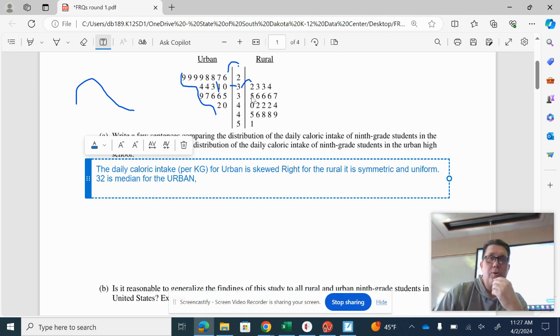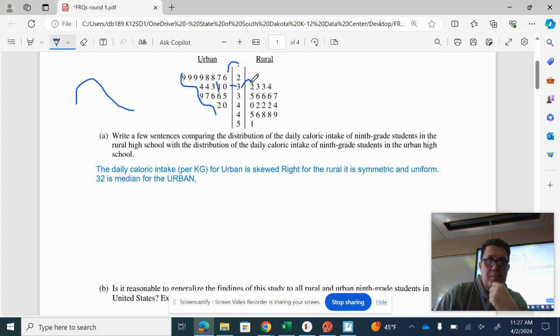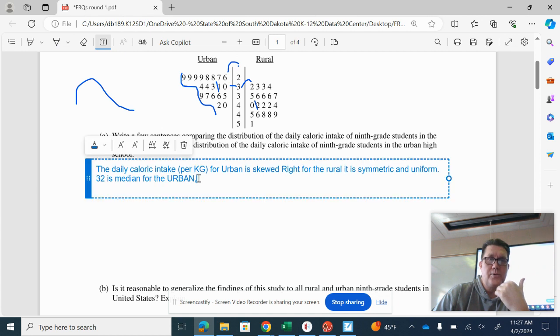For the other one, the rural, we have 4, 5, 6, 7, 8, 9, 10, 11, 12, 13, 14, 15, 16, 17, 18, 19, 20 as well. So we'll come from the bottom, 1, 2, 3, 4, 5, 6, 7, 8, 9, 10, and we're in between 40 and 42. So you average those numbers. So 41 is the median for rural, and is higher.